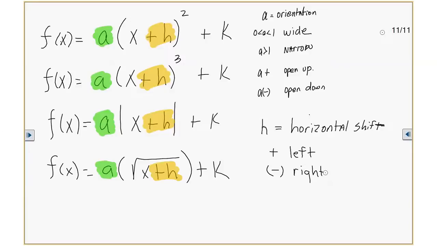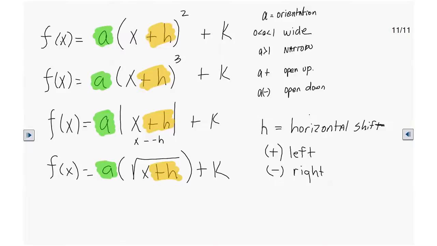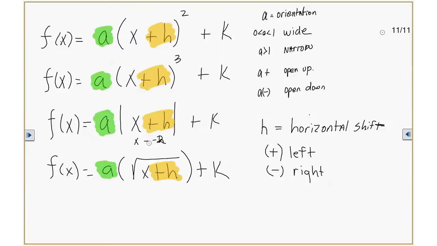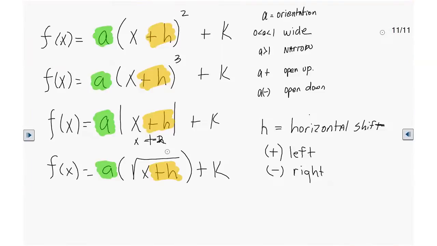Now there is a reason that it's like this, and if I explained it to you, it would probably confuse you. But the original equation is x minus h. And if you have a negative 2, what would a negative 2 make this h? What's the two negatives? Positive. So negative 2 would give you a what?